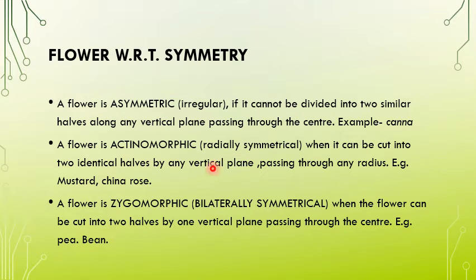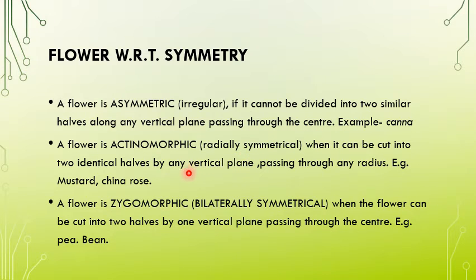Next, a very important topic is flowers with respect to symmetry. A flower is asymmetric, or irregular, if it cannot be divided into two similar halves along any vertical plane passing through the center. The example is canna.